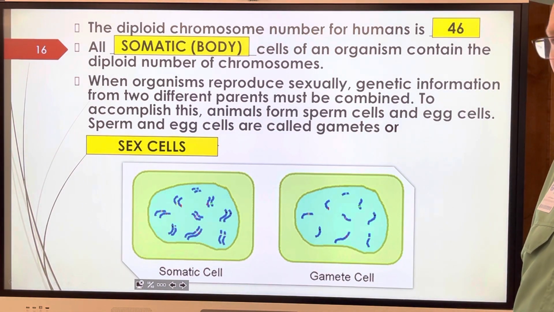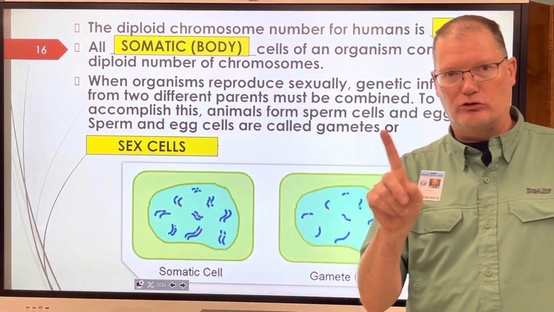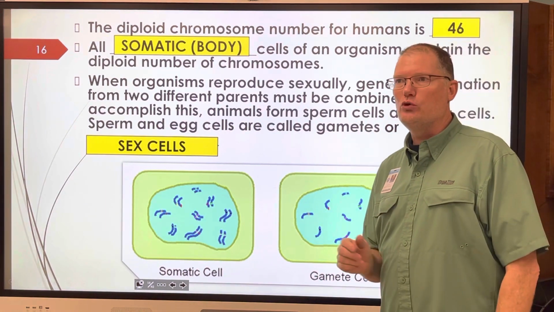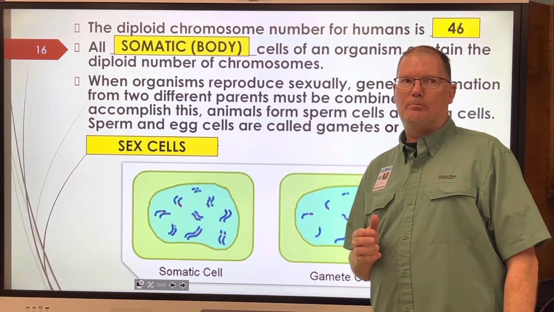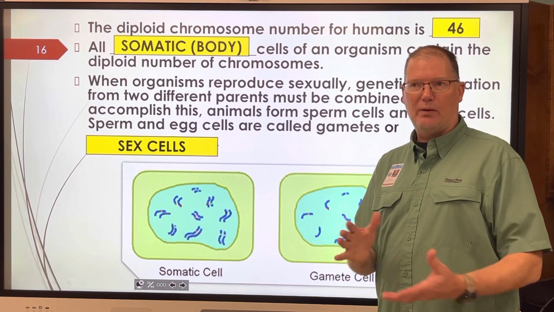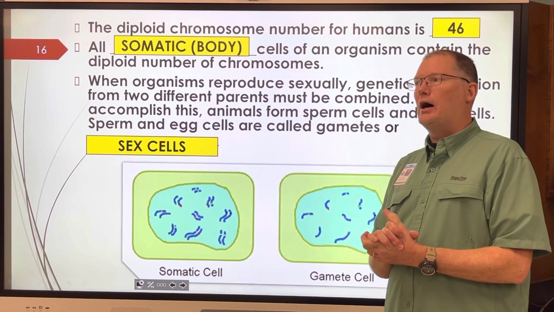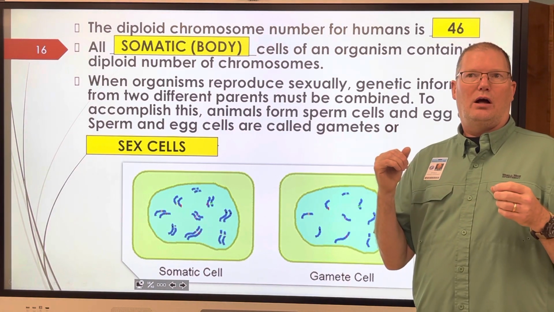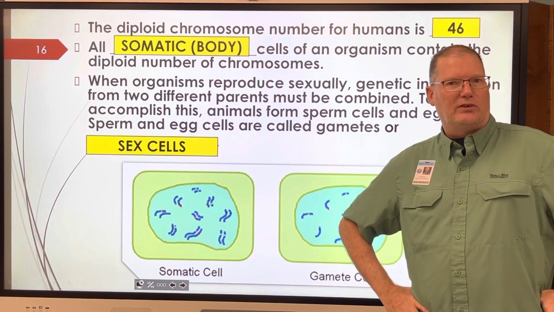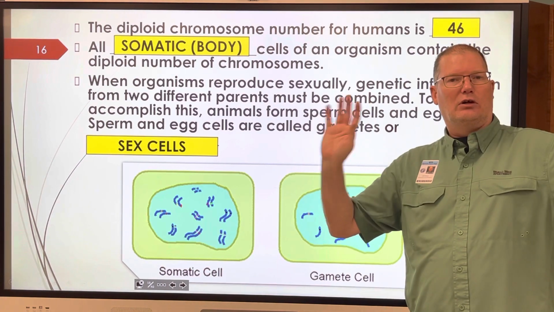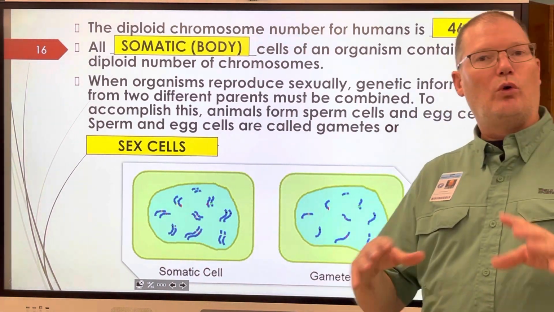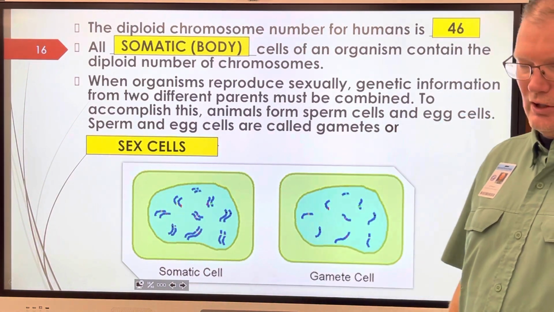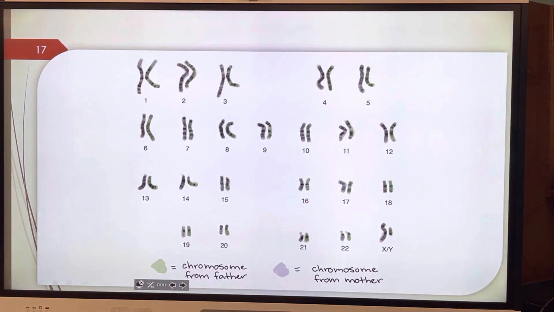If you mess with just one chromosome number, just one, you get something that could be Down syndrome. If you know anybody who has Down syndrome, that person has, I forget now, is it an extra or a missing chromosome? Yell it out if you know, I forget. But we'll learn more about that in the genetics unit.